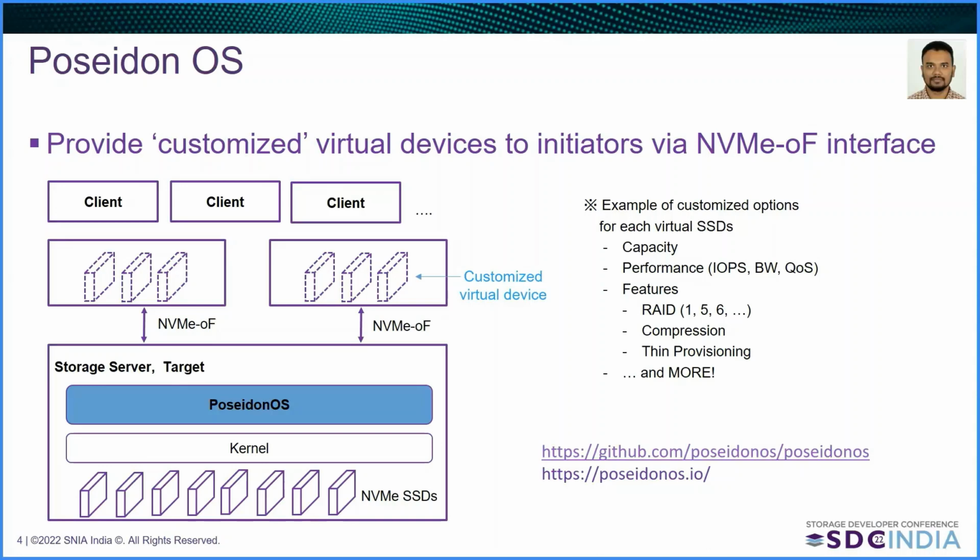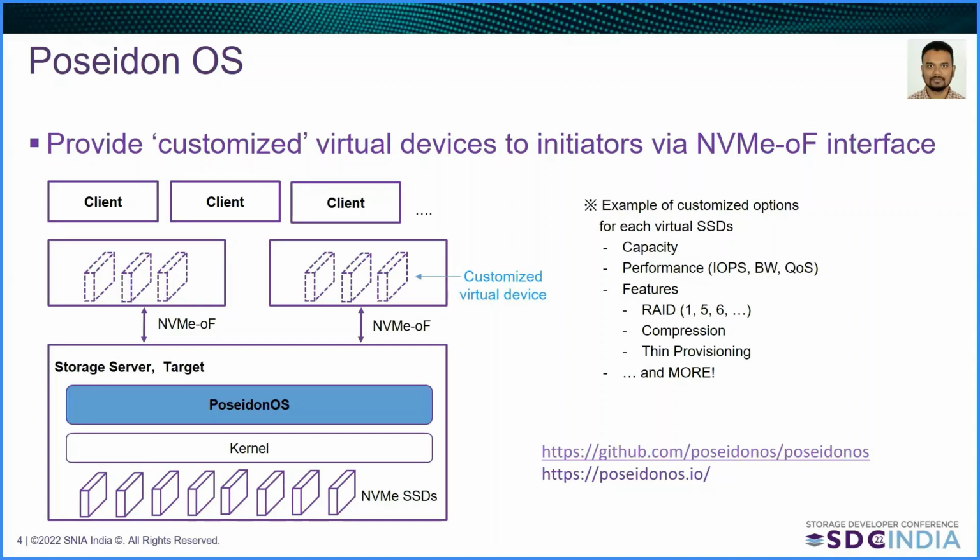Poseidon OS, as you can see in this figure, runs as a user application on Linux kernel and it can provide volumes to the initiators via NVMe over Fabric, which are shown as virtual block devices in the initiator side. POS exploits the benefit of NVMe SSDs by optimizing the storage stack and leveraging the state-of-the-art high-speed interface.